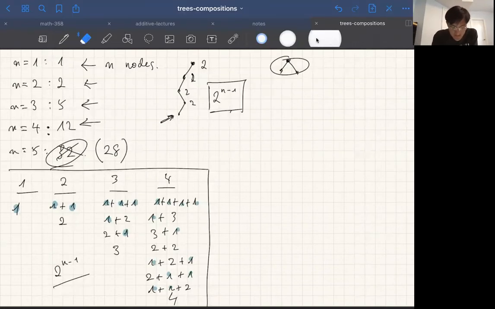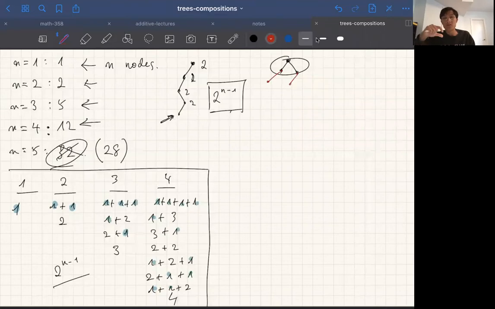If we look at this, I'm gonna put a node here, and then I'm gonna put a node here. Yes, I'm drawing it wrong. I'm gonna put a node here, and then I'm gonna put a node here. That's the same thing as if I first put a node here, and then put a node here. But we counted that twice. We're overcounting the ways to do something, I think, is the problem.